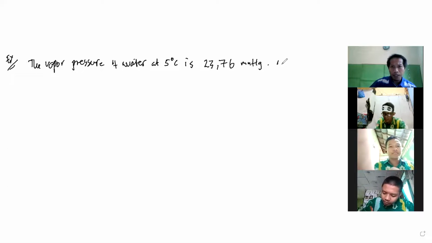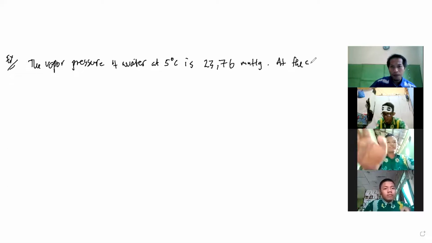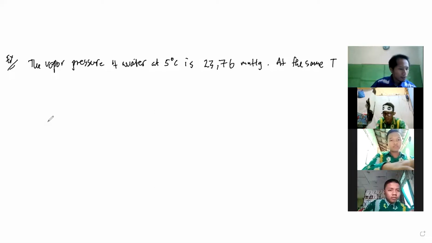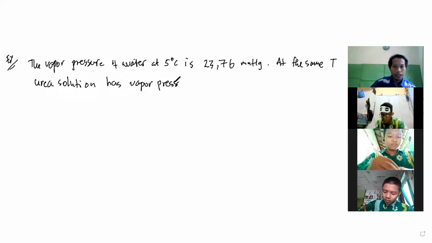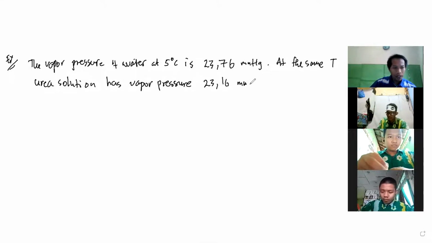At the same temperature, urea solution has vapor pressure 23.16 millimeter mercury.